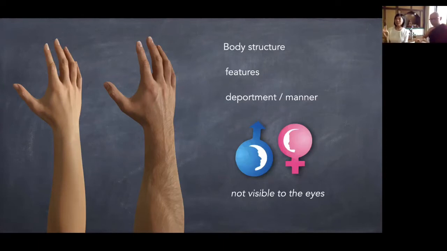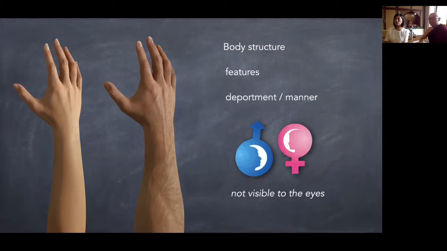So body structure, features. Since this matter is not visible to the eye, we can only understand it by means of the body characteristics, by means of its features, or how a woman or a man walks, or how they do things. That behavior is a little bit different, no?